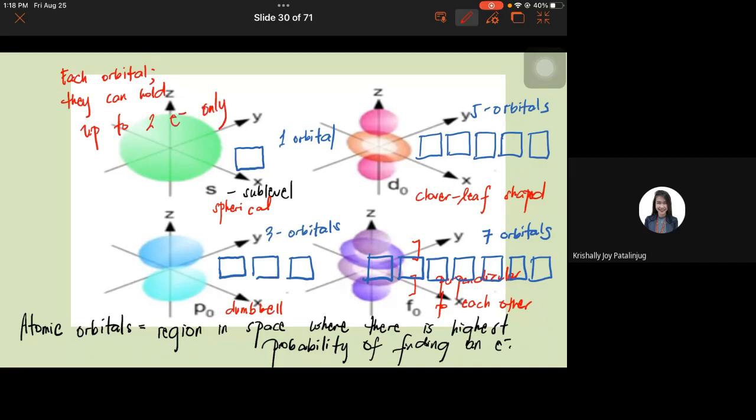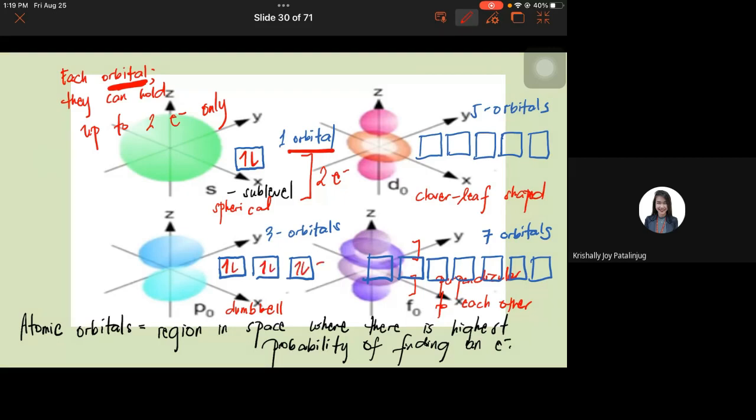Okay, so meaning per box, per orbital, they can hold up to two electrons. So let's say I will occupy a maximum of two electrons for each box. So for the S sublevel, we could tell that a maximum of two electrons it can hold, because it only contains one orbital. What about for P subshell? 1, 2, 3, 4, 5, 6.